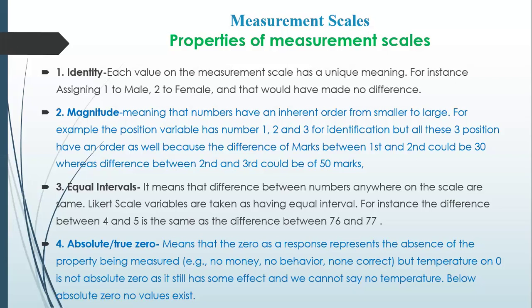So we have to understand that in magnitude, we only give the values, but the intervals are not equal. Sometimes they may be equal, but they are not required to be equal. The best example is the class position of the students.